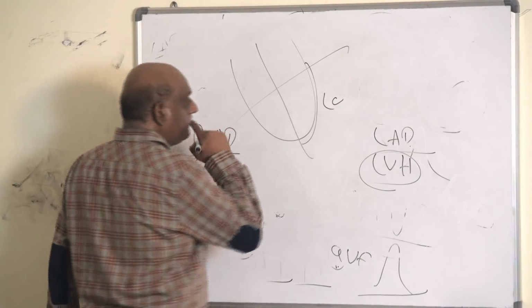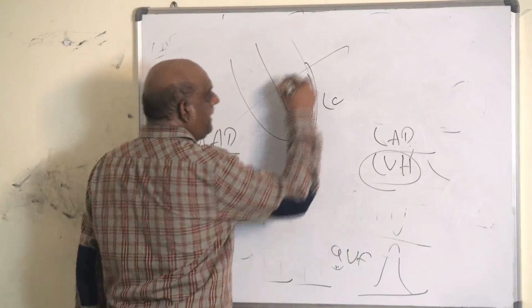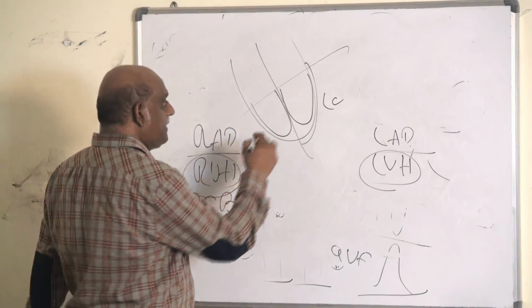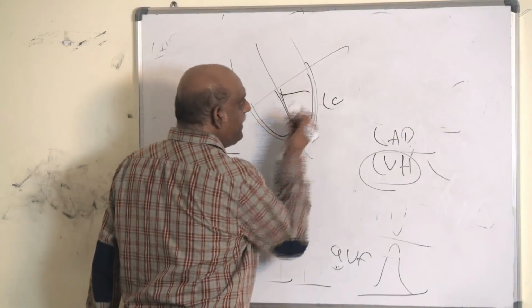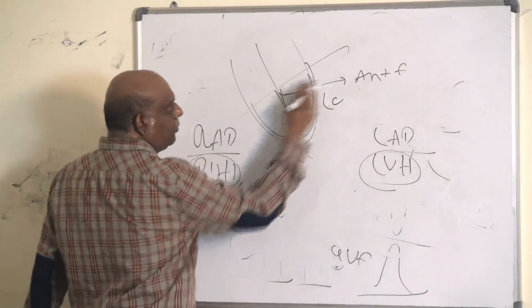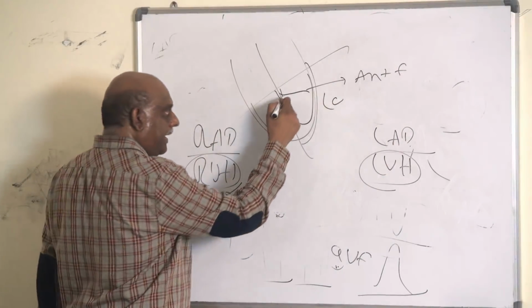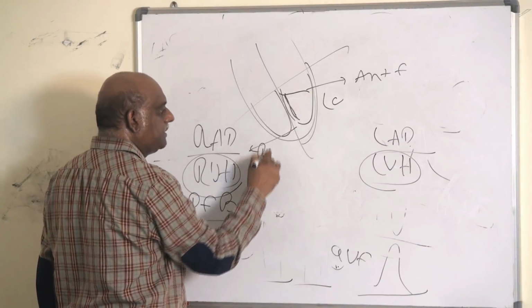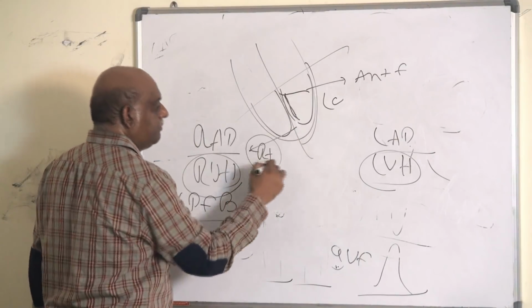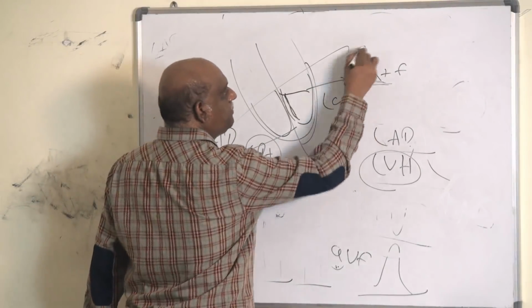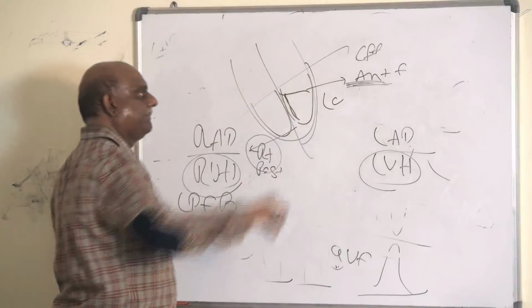Very simple. The left bundle and right bundle. The left bundle in turn is divided into one anterior fascicle which is more towards left and a posterior fascicle which is more towards right.